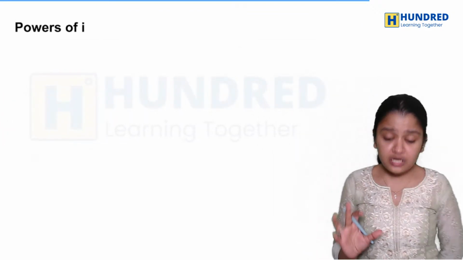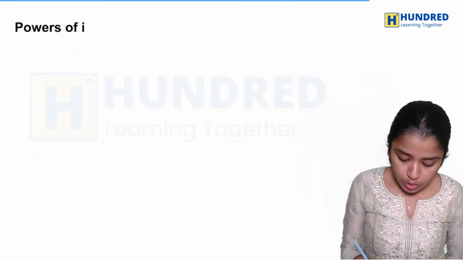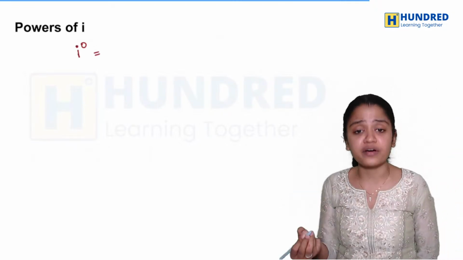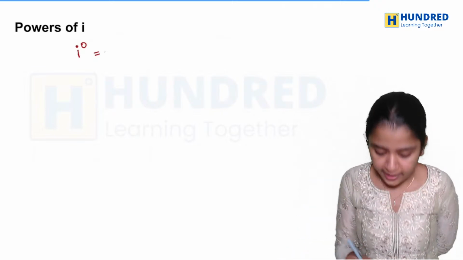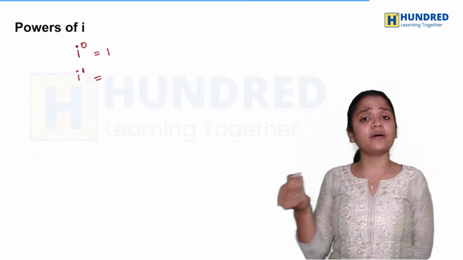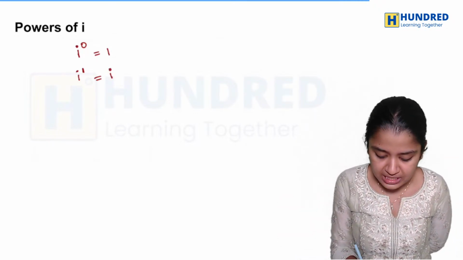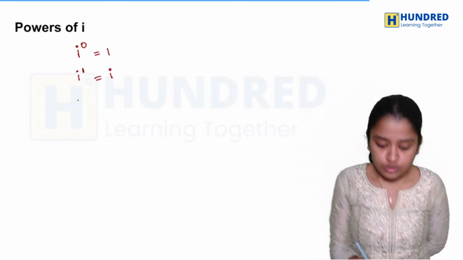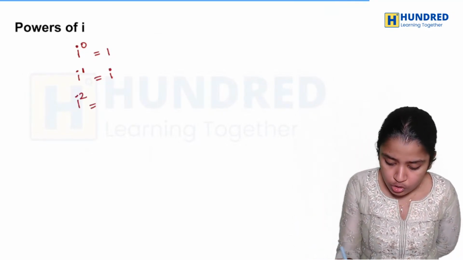So powers of i, let's see. i to the power 0, anything to the power 0 is nothing but 1. i to the power 1, anything to the power 1 is the same number, which is i. Now i square.